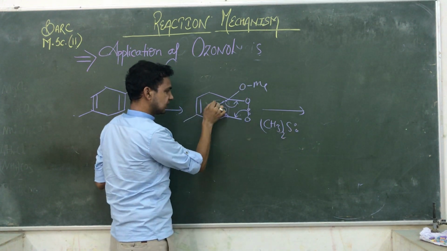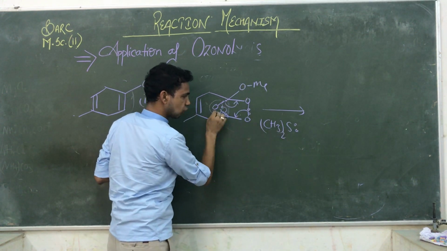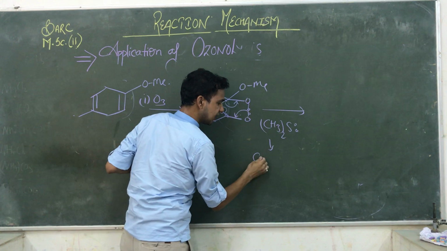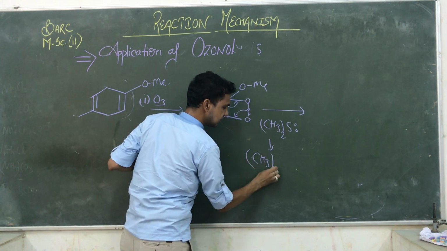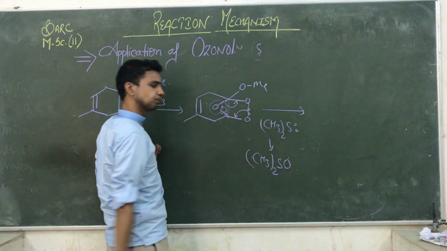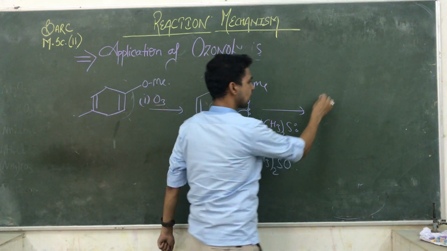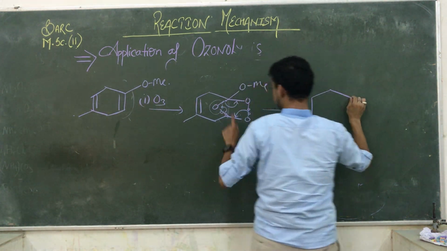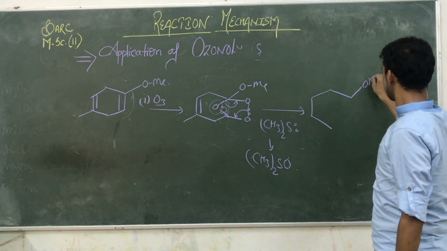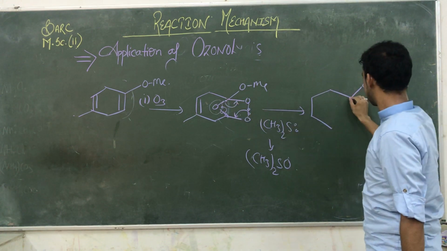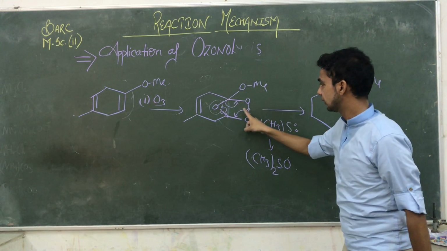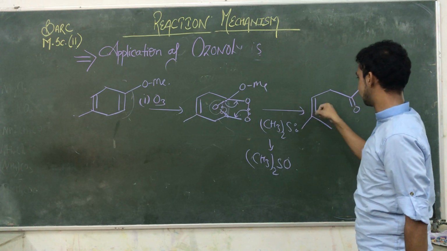Sulfur has a tendency to grasp the oxygens and convert into DMSO, dimethyl sulfoxide, and it converts into compound C. This one OMe, the double bond is here, O is going there, the bond remains the same.